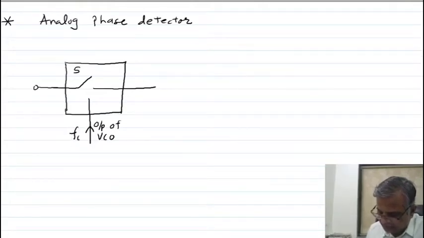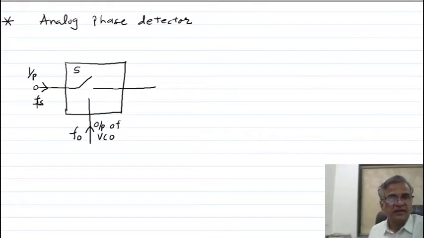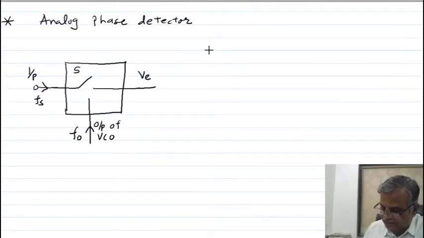Let me say this frequency is FO, and this input signal is FS. Here at the output you will get the error voltage. You already know this diagram, I am just showing it for your understanding. This is your phase detector.